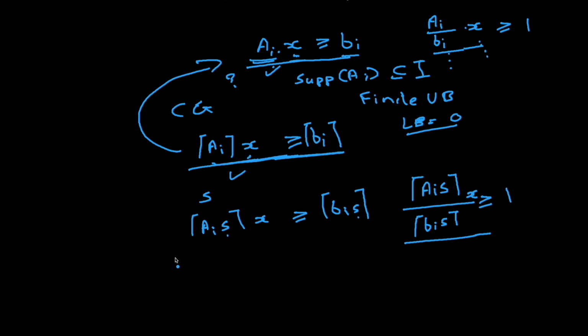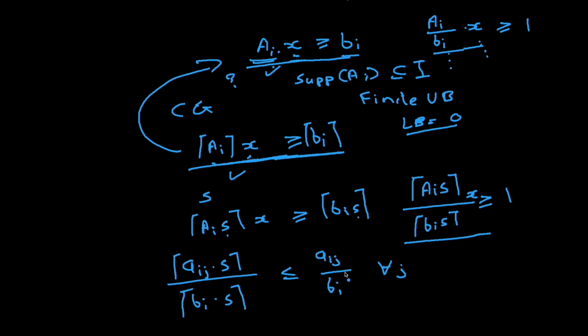So for any individual coefficient AI j times s, ceiled, and the denominator BIS, ceiled, this has to be less than or equal to AIJ by BI.